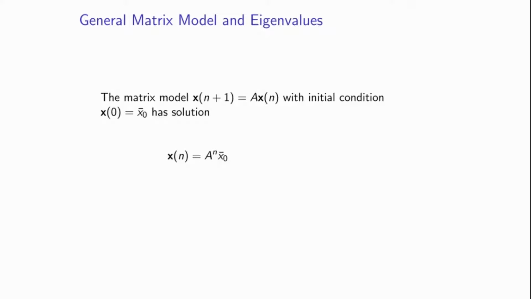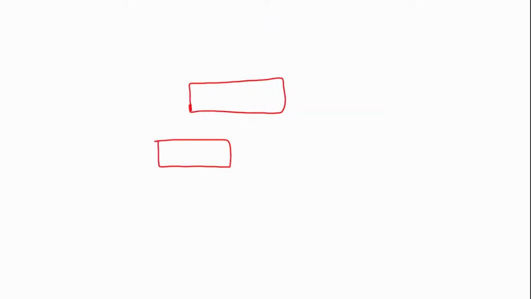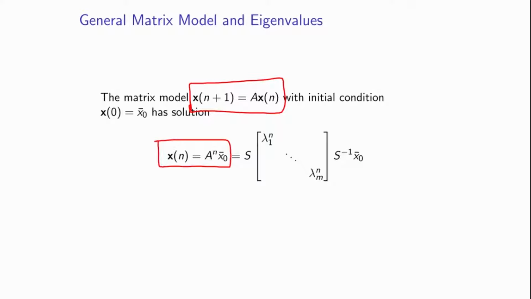This is the model that we first introduced here, okay? And we know that that model has this type of solution, and we just found a result. If A has linearly independent columns, then we can write A to the n as S times this diagonal matrix times S inverse times the initial condition.